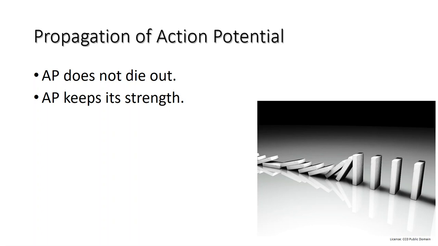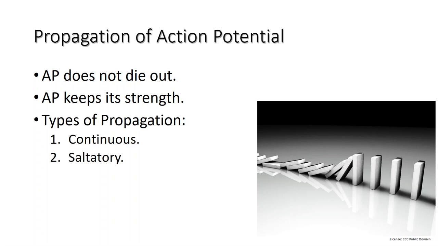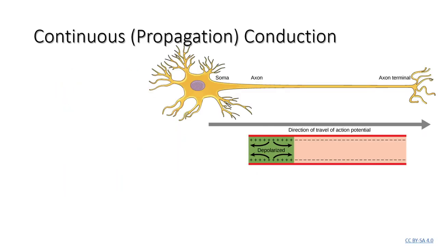Propagation of action potential happens in two ways. These are continuous conduction and saltatory conduction. Continuous conduction involves step-by-step depolarization and repolarization of each adjacent segment of the plasma membrane.